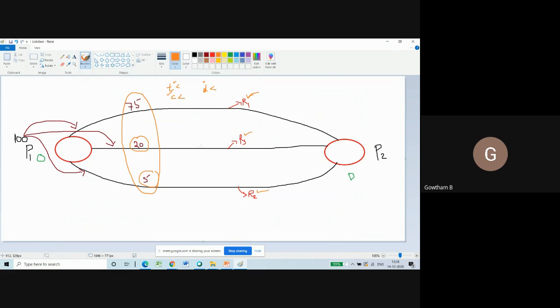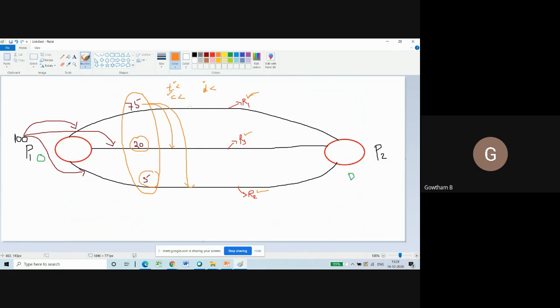Maybe distance is more. Whatever deficiency you find, you can improve that road, so that out of the 75, at least another 10 to 20 percent of the vehicles can use road 3 and road 2. You can reduce traffic congestion in road number 1 and distribute the traffic optimally to all routes, such that all routes are utilized effectively in terms of time, cost, and distance.